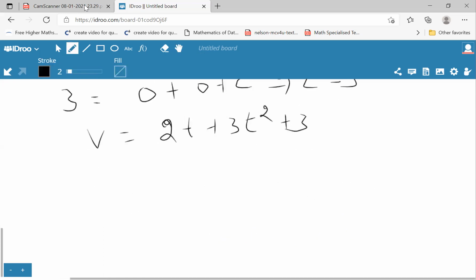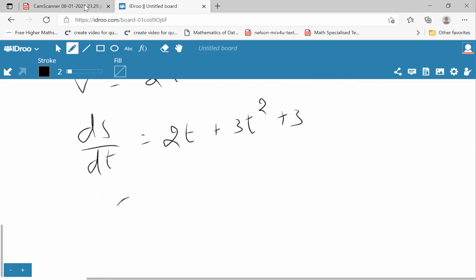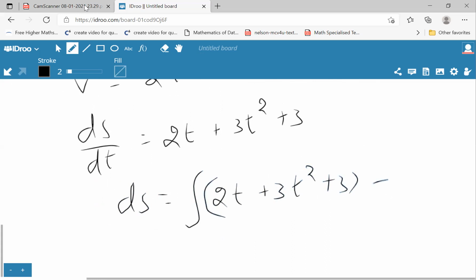So we know v is nothing but ds by dt. So ds by dt is nothing but 2t plus 3t squared plus 3. Or let us separate the variables. ds is equal to integration of 2t plus 3t squared plus 3 dt.